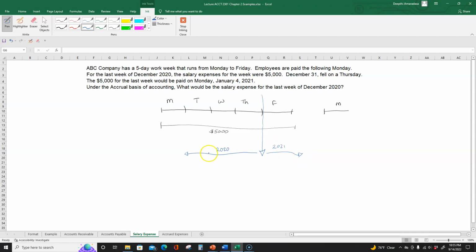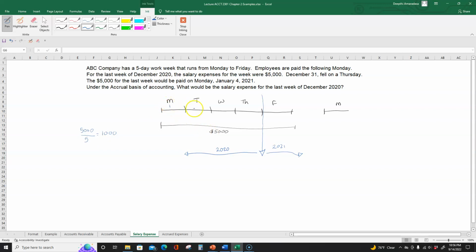So what we need to figure out is, this week is split into 2 years. What would be the salary expense for the week of December 2020? We know that the $5,000 of salary was for 5 days, which means salary per day is $1,000. How many days that week fell in the year 2020?